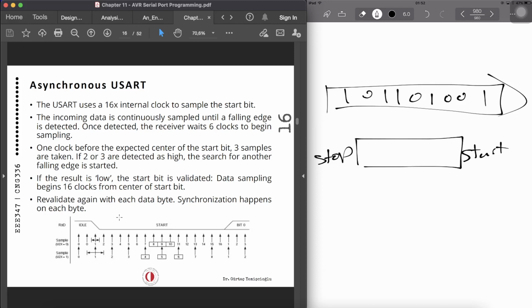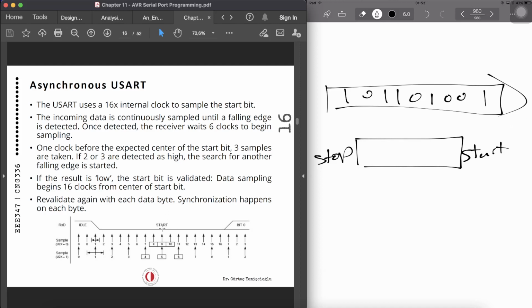Now, if the sampling is done and the result is low, the start bit is validated, and data sampling begins 16 clocks from the center of the start.